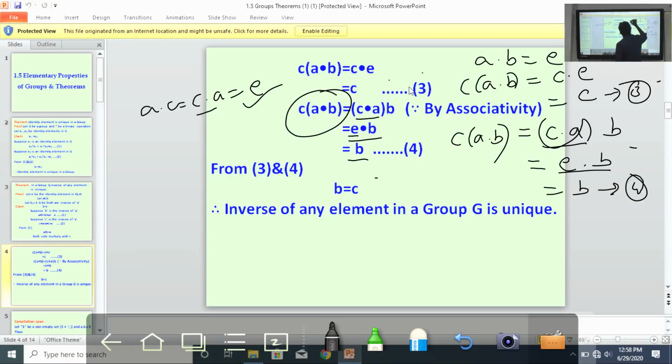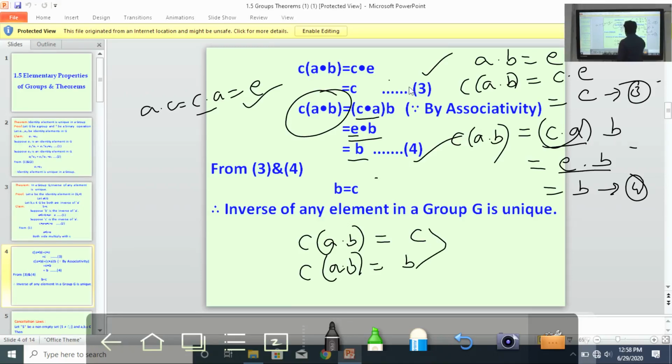Observe third and fourth. From the third equation, C into AB equal to C. Again from the fourth, C into A into B equal to B. From these two, LHS are the same, therefore RHS must also be the same.